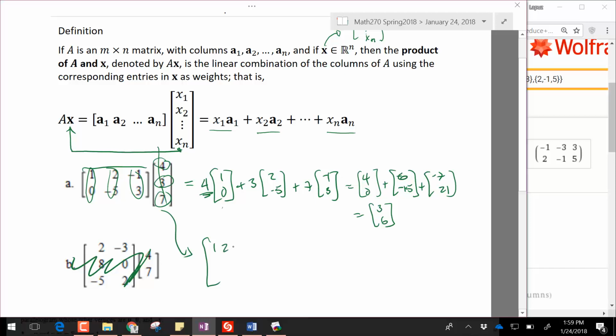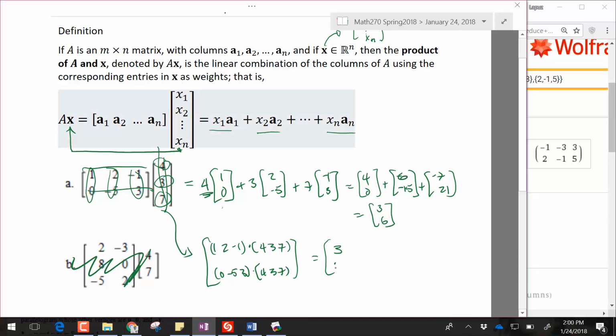So 4 plus 6 is 10, and 10 minus 7 is 3. Then I take the second row and dot it with this: (0, -5, 3) dotted with (4, 3, 7). So I have 0, negative 15, plus 21, which gives 6. It's the same numbers that I got.